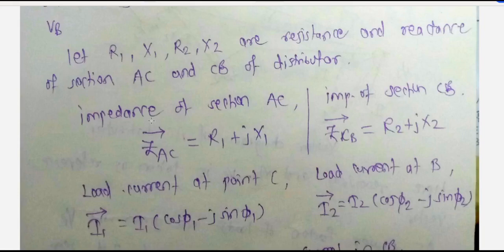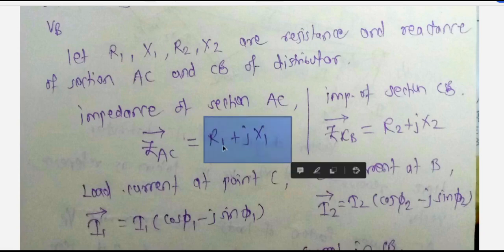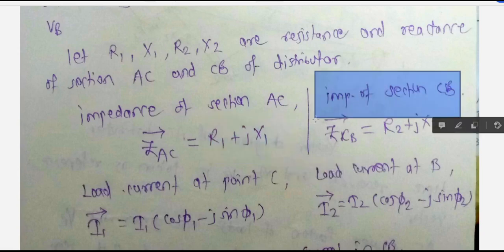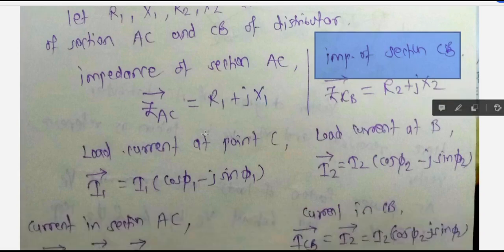Now the impedance of the section AC can be calculated as ZAC, which using the resistance and reactance becomes R1 plus jX1. In the same way, the impedance of section CB is ZCB equals R2 plus jX2.